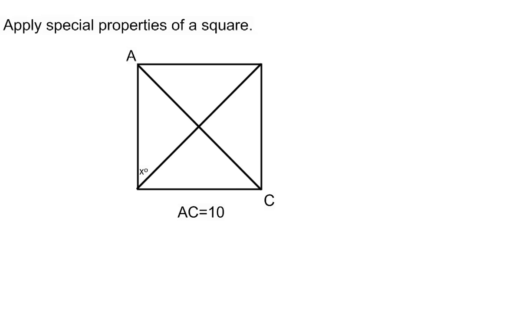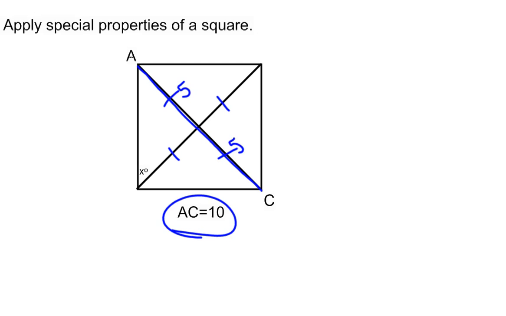Okay, let's look at how we can apply our rules to the properties to find information on a square. Okay, if we know AC is 10, that's this whole diagonal. Well, let's think through all the things we know about a square. We know diagonals are congruent and bisected.